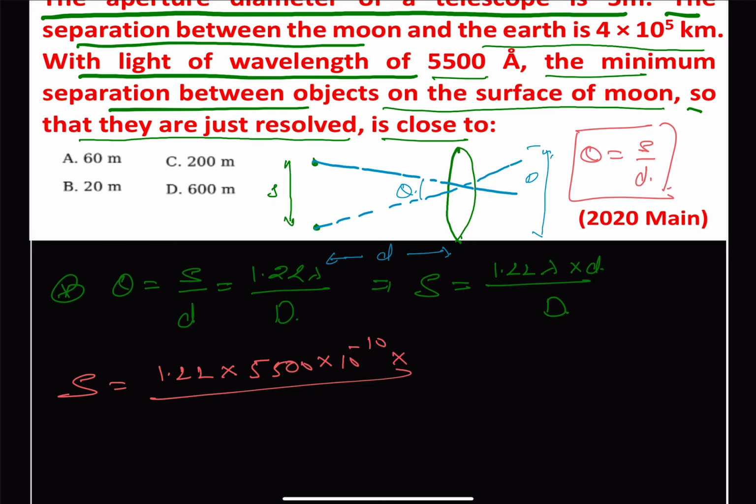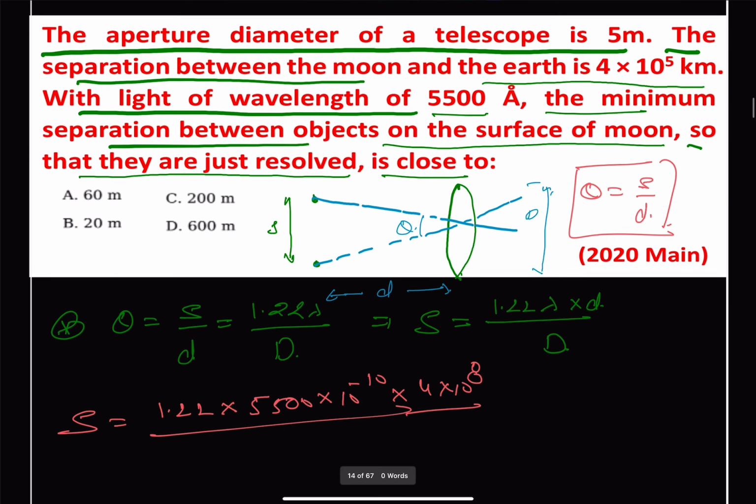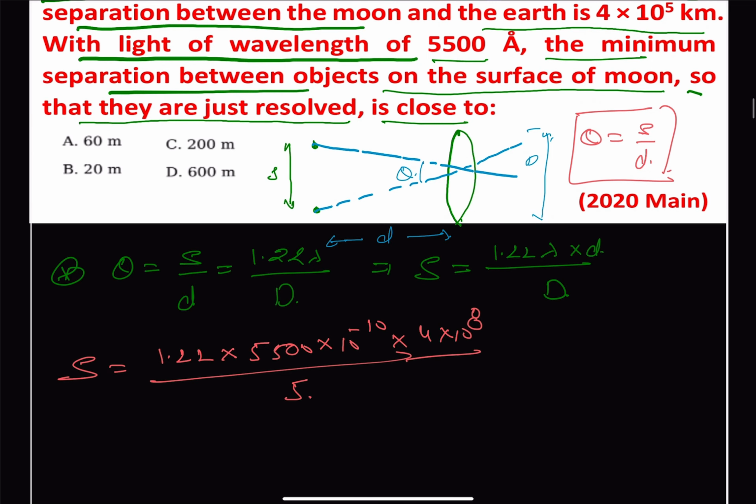Small d is 4 into 10 to the power 5 kilometers, so we can write this as 4 into 10 to the power 8, and capital D is 5 meters, so divided by 5. So this will be equal to 26840 divided by 5 into 10 to the power minus 2.